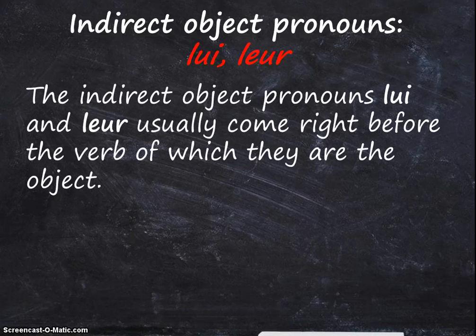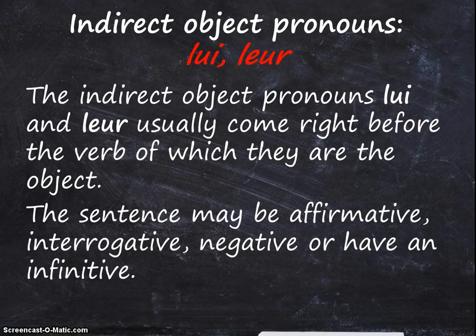It's important that you understand that the sentence may be affirmative, interrogative, negative, or have an infinitive. The verb can be affirmative, a question, a negative sentence, or an infinitive sentence.